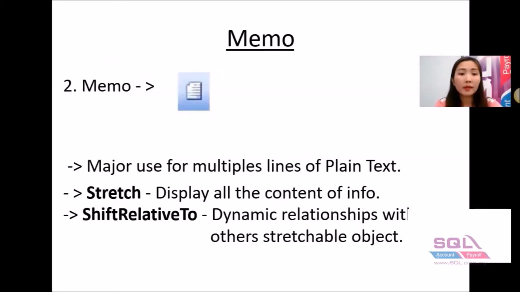Continuing, a label can only have one line, but a memo can have multiple lines of plain text. The stretch and shift relative to, I will explain when we do the exercise.